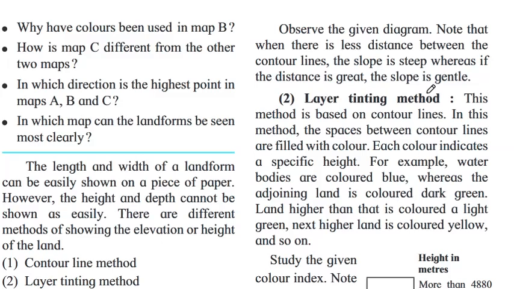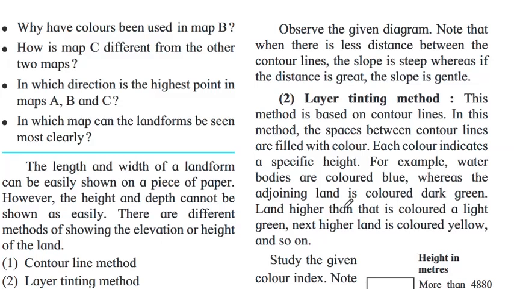Layer tinting method. This method is based on contour lines. In this method, the spaces between contour lines are filled with colors. Each color indicates a specific height. For example, water bodies are colored blue, whereas the adjoining land is colored dark green.